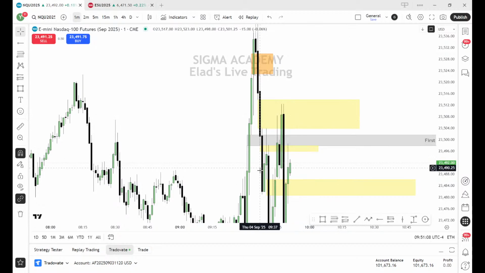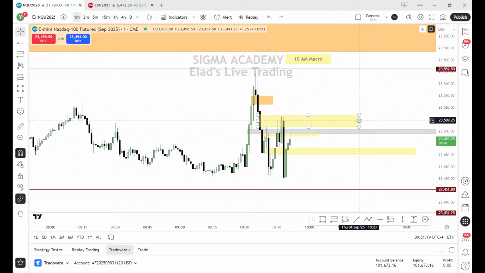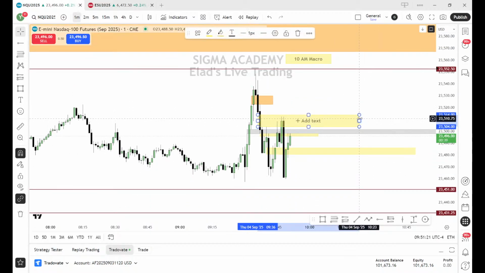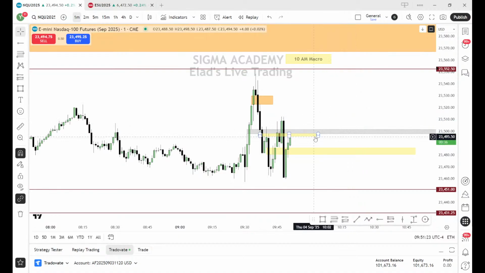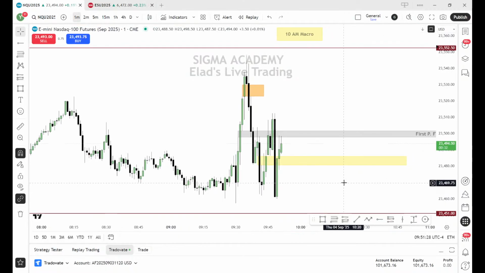You can see this is right here, 1, 2, and we went lower. By the way, we have another one right here, inversion. It's better to count on the second fair value gap. Just note it.